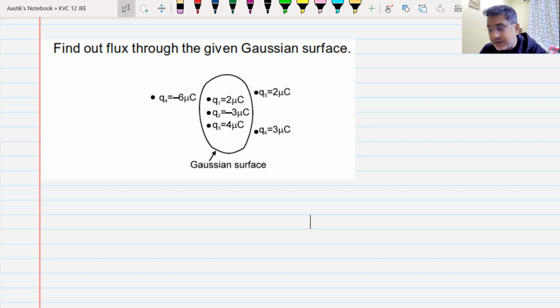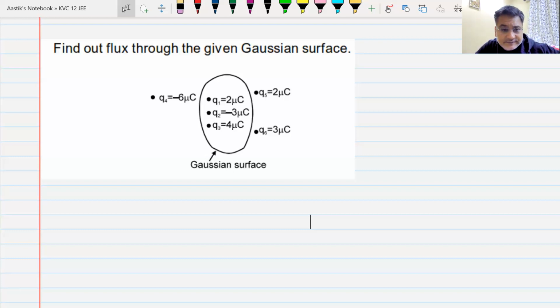So in whatever universe this Gaussian surface is put, there are only 6 charges, 3 inside and 3 outside. Electric field is produced by all the 6 charges, and you have to find the flux through this Gaussian surface.